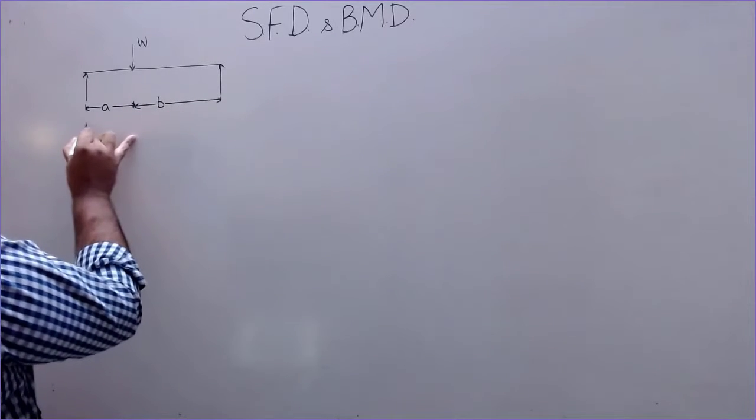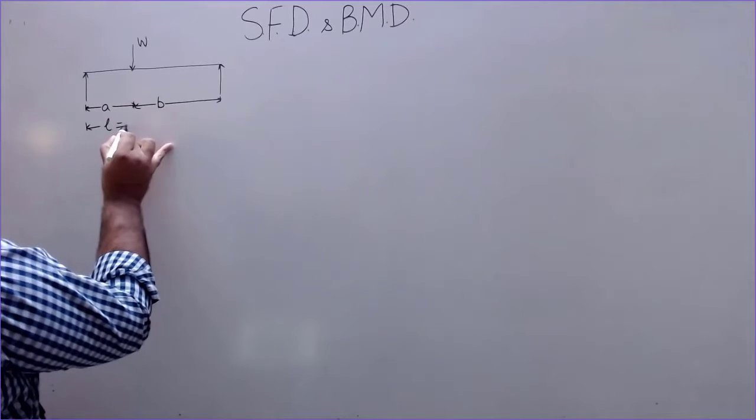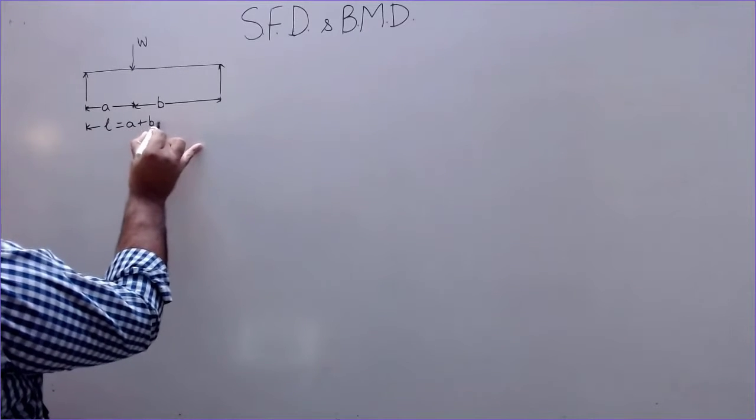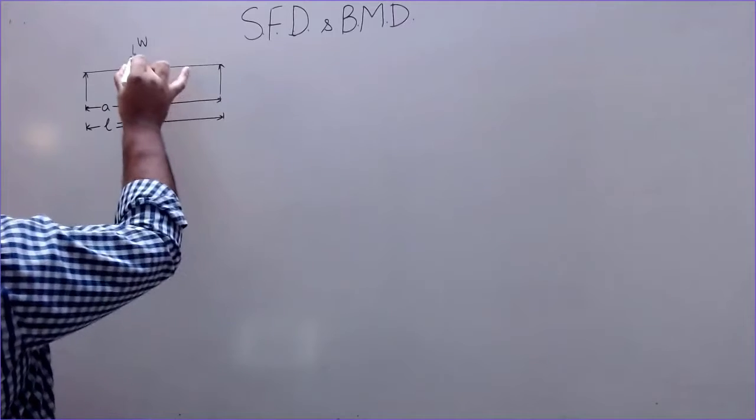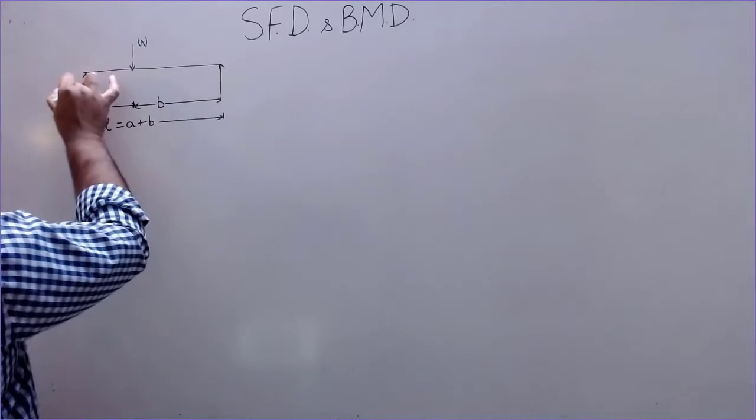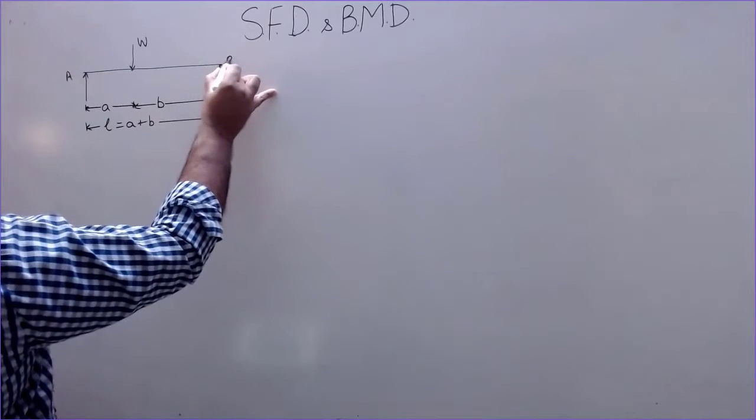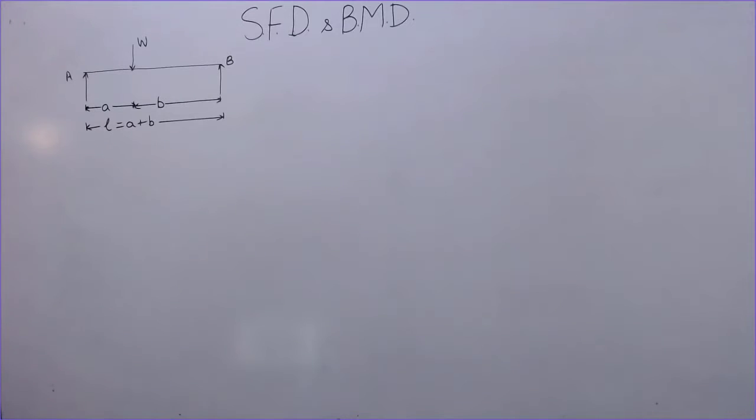The total length of the beam is L, which is equal to A plus B. The load is located at distance A from end A and at distance B from end B. This is the arrangement. For this you have to draw the shear force and the bending moment diagram.